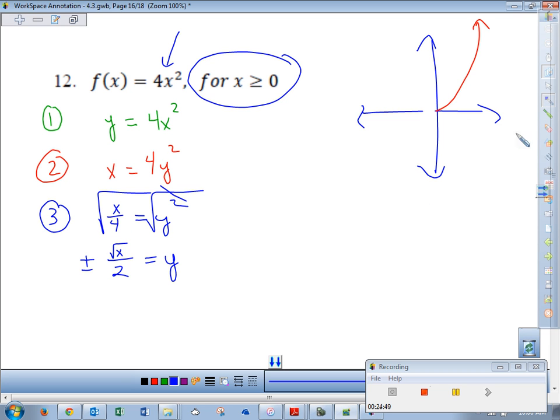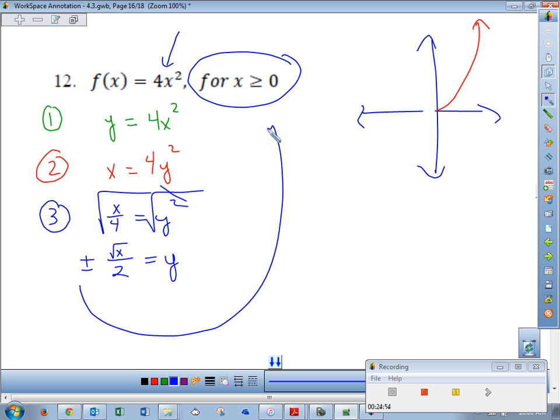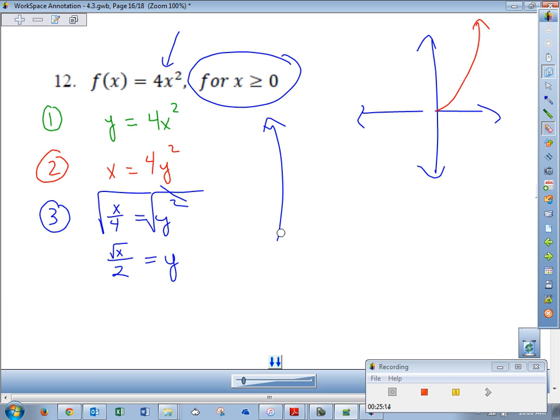But wait a minute. Wait a minute. Do we need the plus or minus? Does the minus even happen? Because we restricted the domain to where x's are only positive in the first place, so the plus or minus does not need to exist because we didn't count them in the first place because x's are supposed to be bigger than 0.